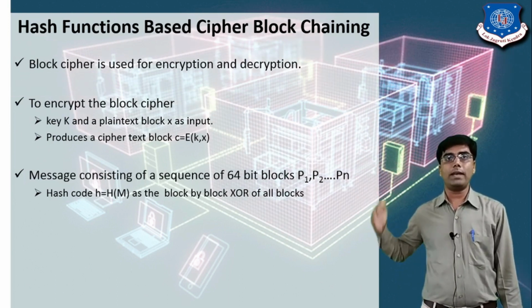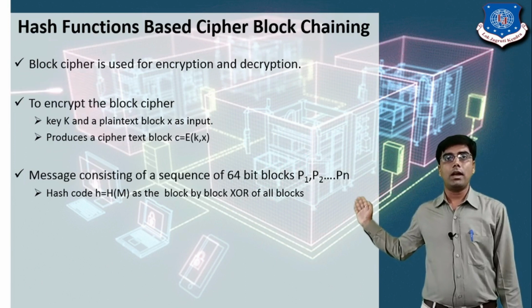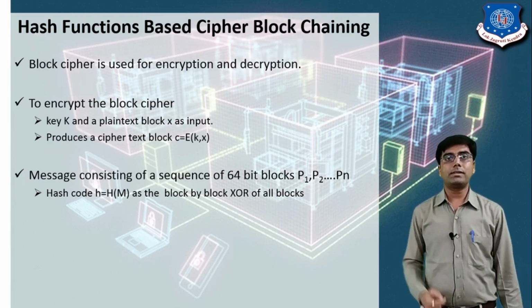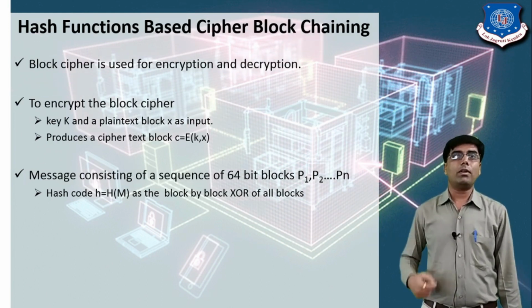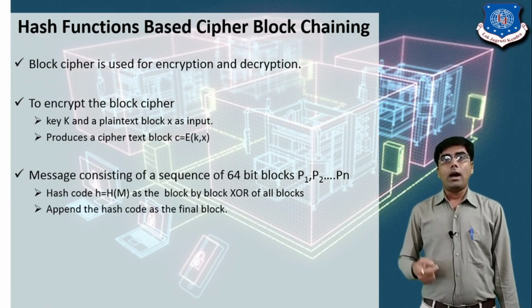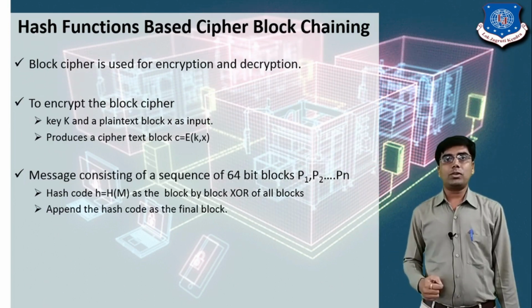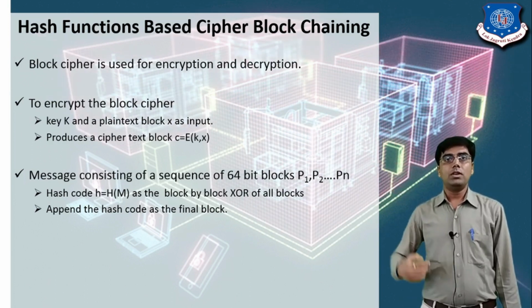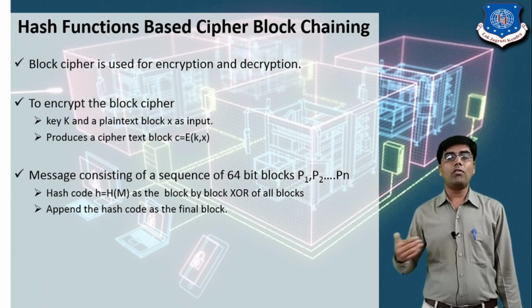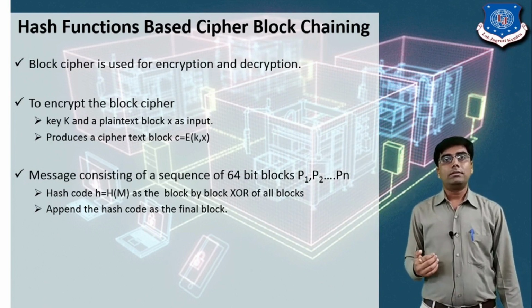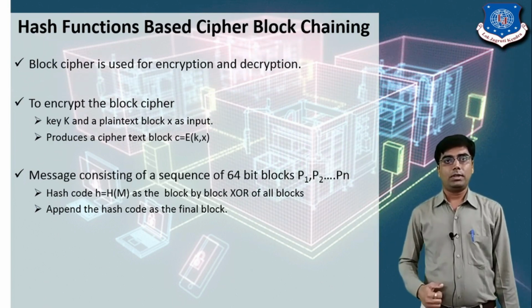The formula of the hash code is h equals capital H of M, the block-by-block XOR of all the blocks, right? Then append the hash code as a final block. It means that if we perform the block-by-block operation, after the last block is generated, we have to append the hash code, and this is the final hash code, right?